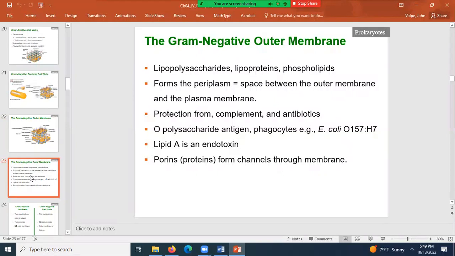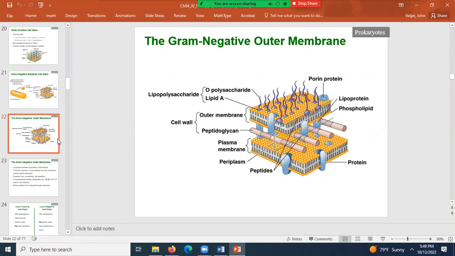And it can protect the cell from complement protein, which is something our body makes to help defend us. We won't really talk much about that, but it can also help protect the bacterial cell from antibiotics. And we did mention that penicillin G, for example, cannot get through this outer membrane to then damage the peptidoglycan of the cell wall.